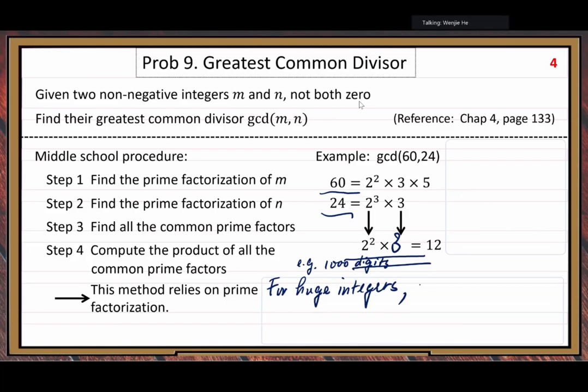For the prime factorization, it is extremely slow. How slow?